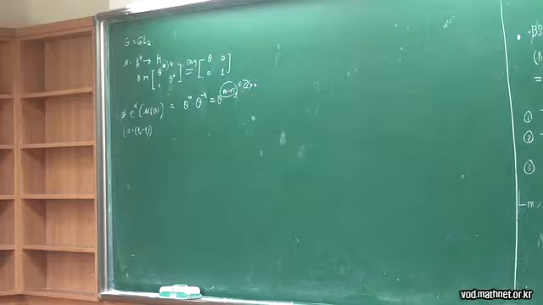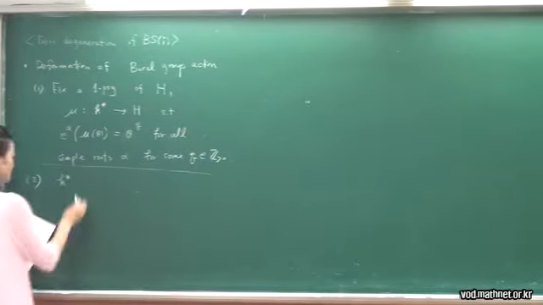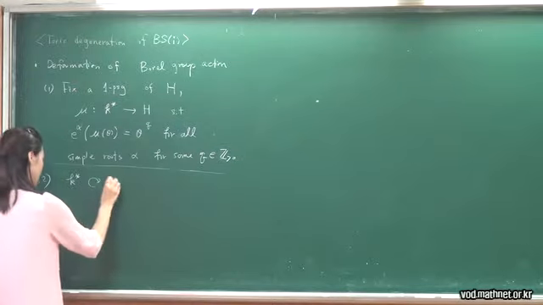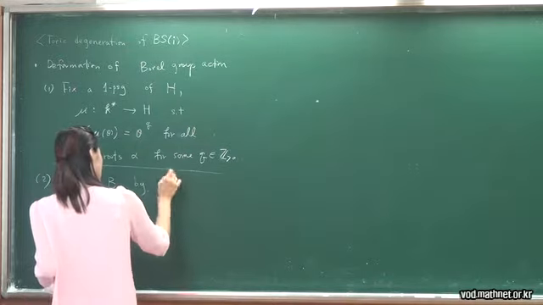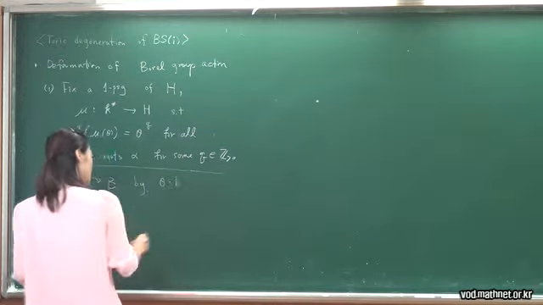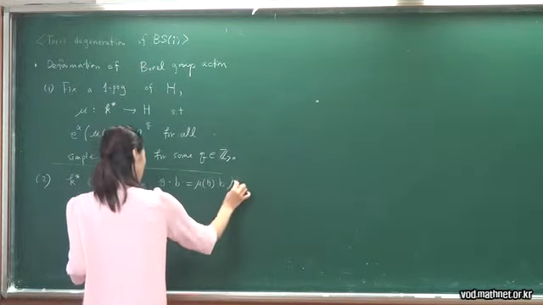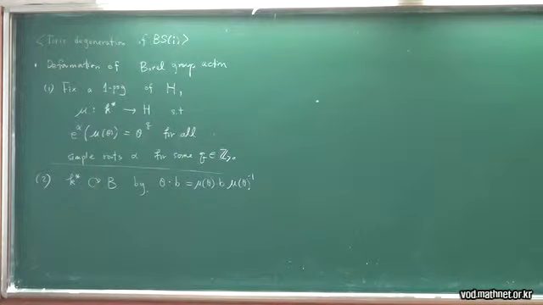You will see why we made this choice. Now, by using this one parameter subgroup, we have an action of this one-dimensional multiplicative group on B by theta acting as the inner automorphism by conjugation.